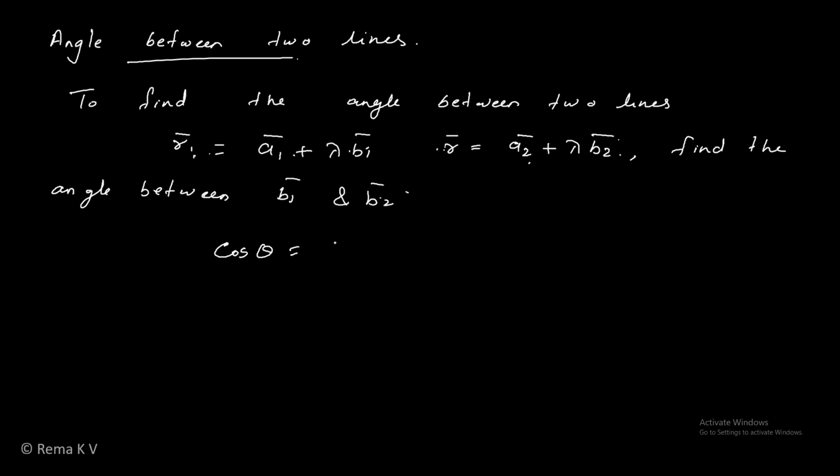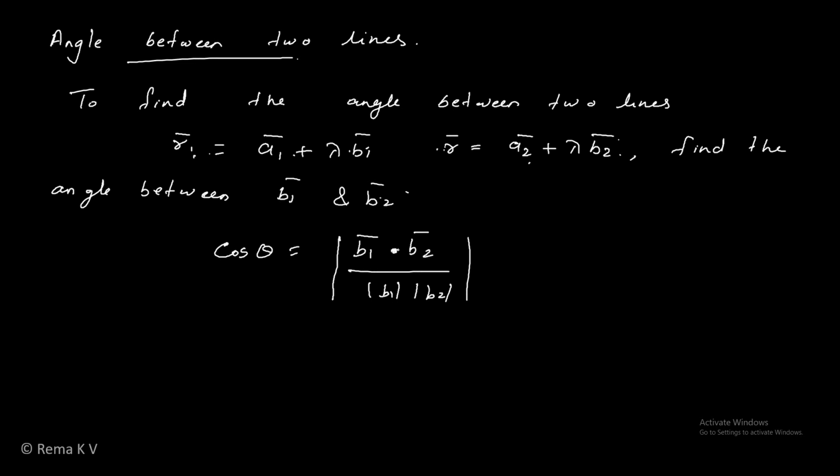Cos theta equals modulus of b1 dot b2 by modulus of b1 into modulus of b2. This we had learned in vector algebra.